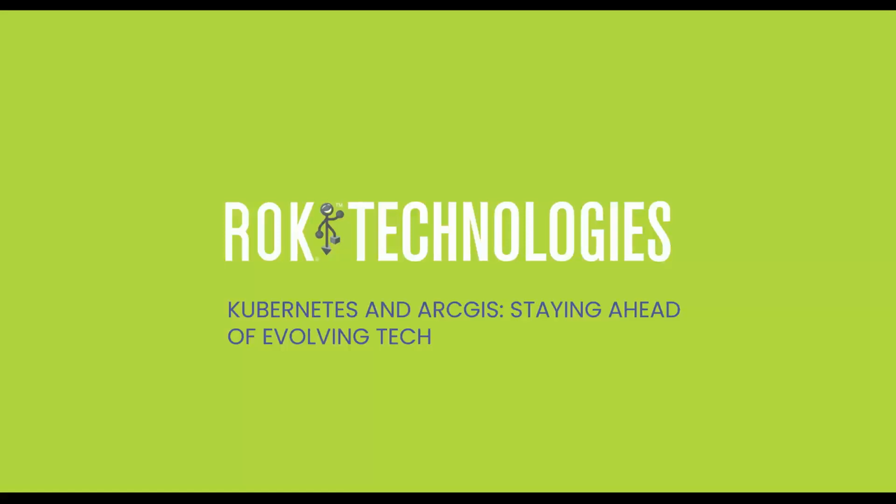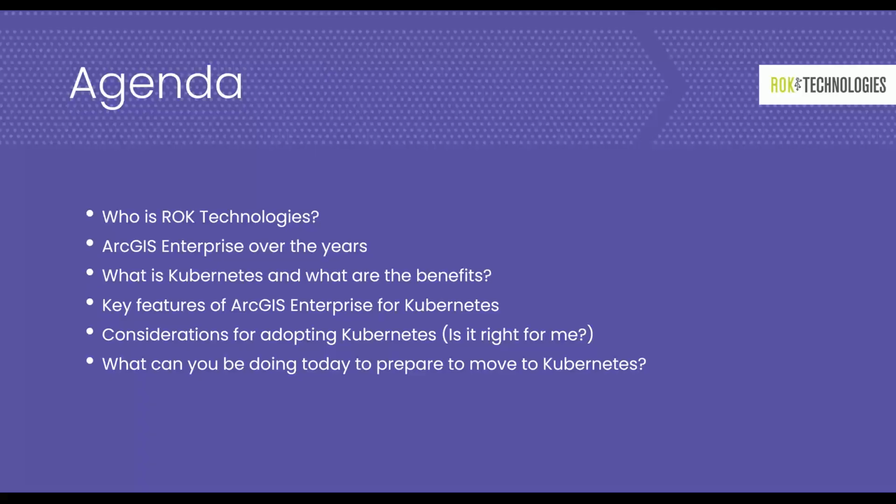All right, so as Barbara mentioned, this is Kubernetes and ArcGIS: staying ahead of the evolving tech. I'm going to blast through these first couple of slides pretty quick. Just real quick, the agenda. We're going to give you a brief introduction to who we are, who Rock Technologies is. Then we're going to get into what ArcGIS Enterprise has looked like over the years.